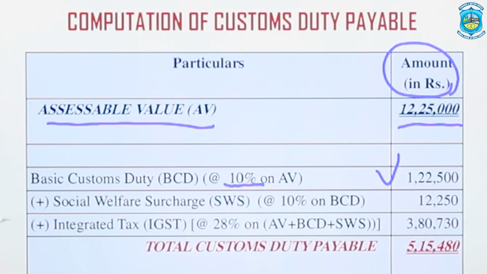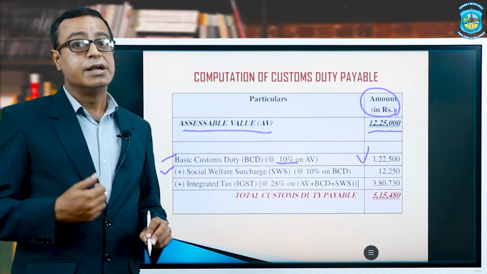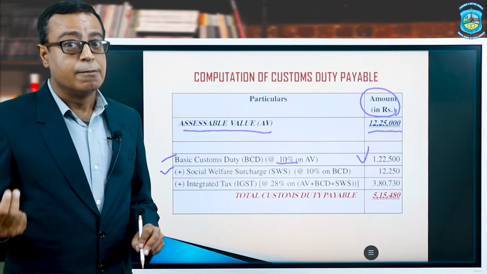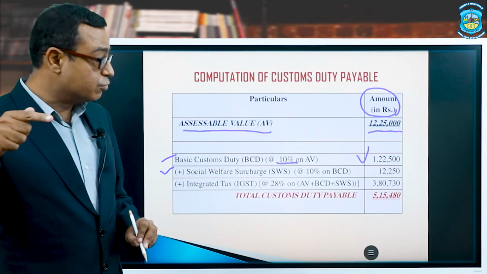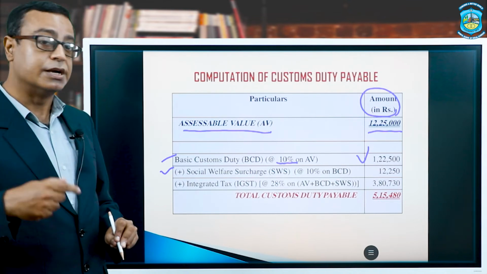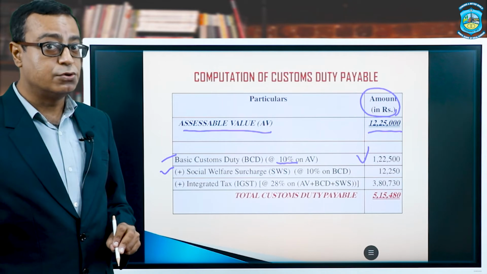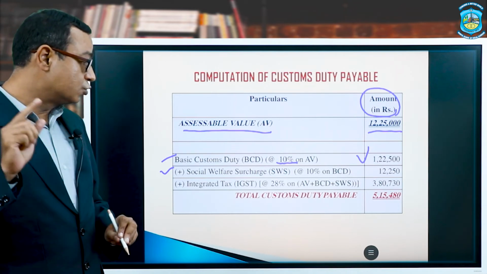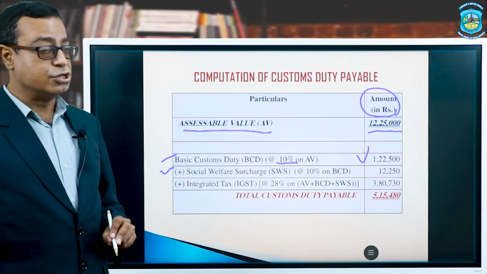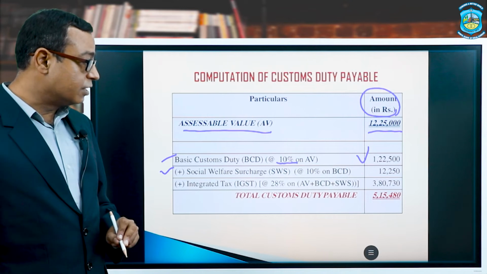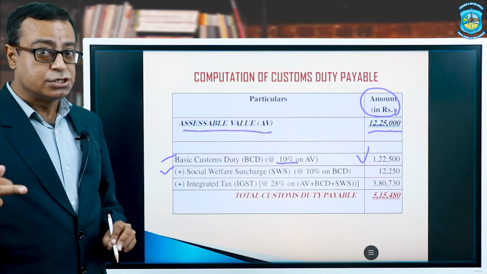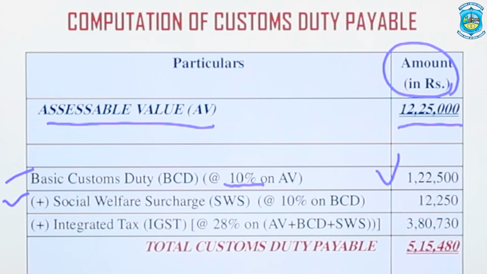Second, a very important point after basic customs duty: social welfare surcharge. It is never given in a question, but in each and every question you have to charge this surcharge, because it is mandatory as per Finance Act 2018, Finance Bill 2018. It is known as social welfare surcharge. In short, SWS is always fixed at the rate of 10% of BCD.